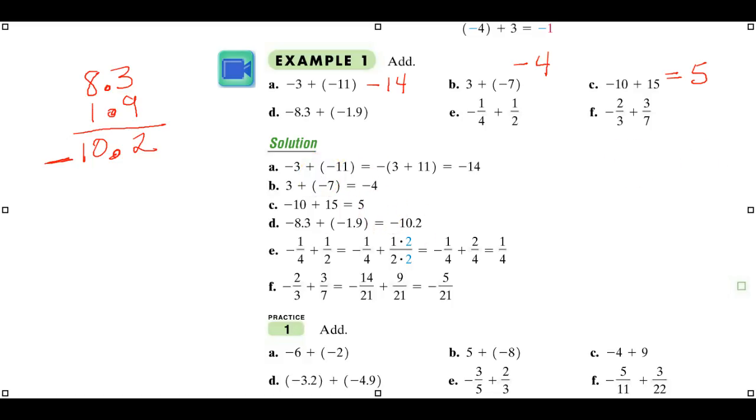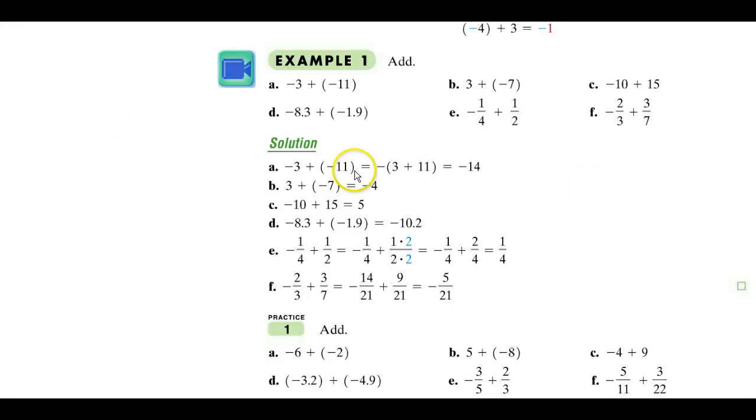Now, when we do fractions, and you need to be familiar with fractions, there is a protocol for it, so let me set that up for you. Now, when we are adding fractions, we must have a common denominator, because this one is not equal to this one.